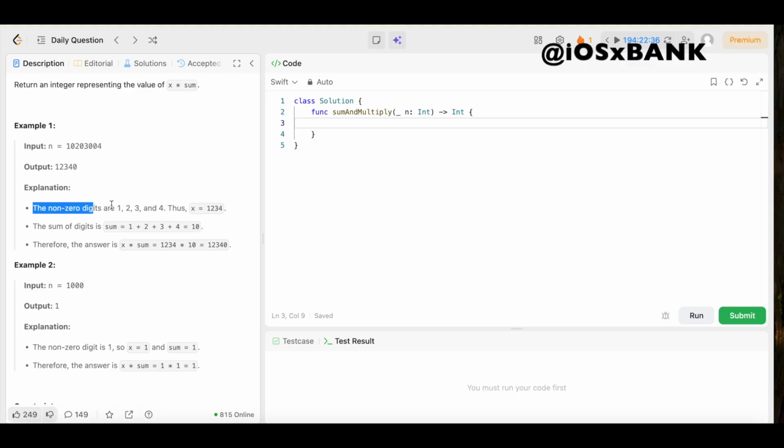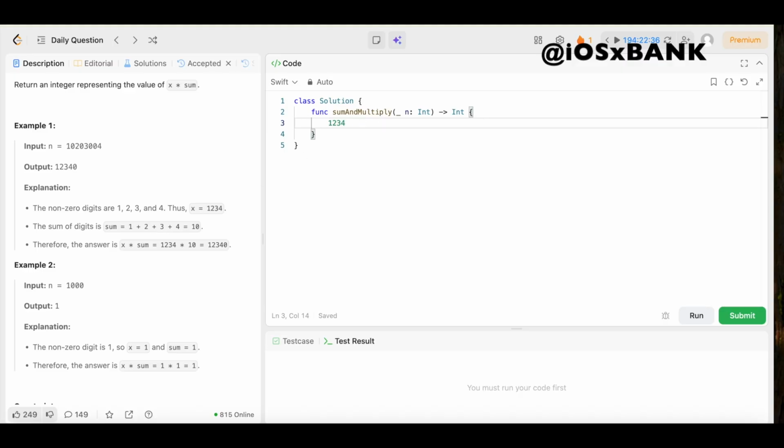First we get the non-zero digits, so we just take all the zeros out of here, and let's see what we're left with. When we take all the zeros out of the input, we're left with 1, 2, 3, 4. So x equals 1234. The sum of the digits equals 1 plus 2 plus 3 plus 4, which equals 10.